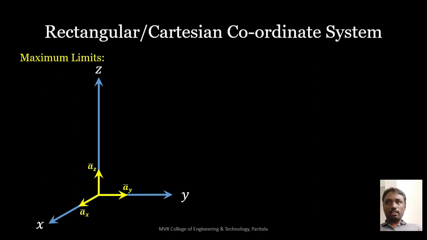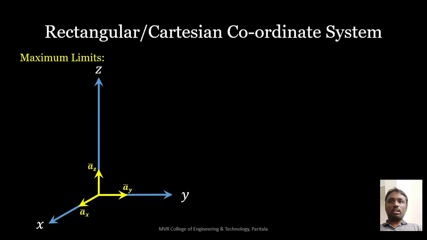That is called the maximum limit. If you take a small rectangular box and increase it using certain x limits, y limits and z limits, and that box can occupy the whole universe, then that will be the maximum limit of this rectangular coordinate system.